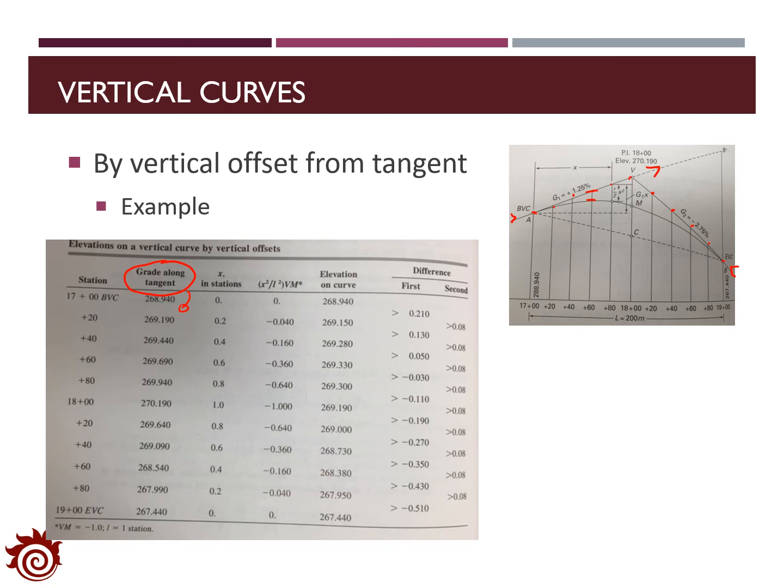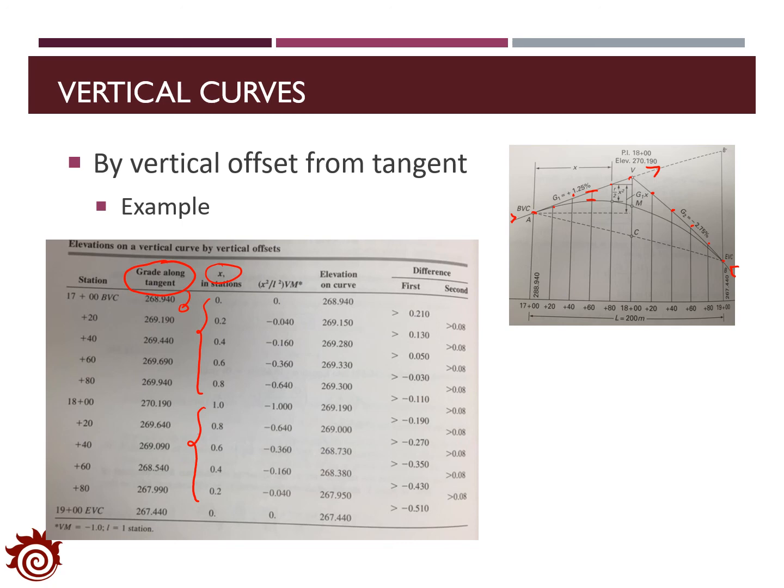And then we have to specify the distance from the station to the initial or the end point. This is the horizontal distance, and that is the value of x we need to use for the calculation of the vertical offset. For the first 5 stations, we will consider the initial point BVC as the reference point, while for the remaining 5 stations, we will consider EVC as the reference point.